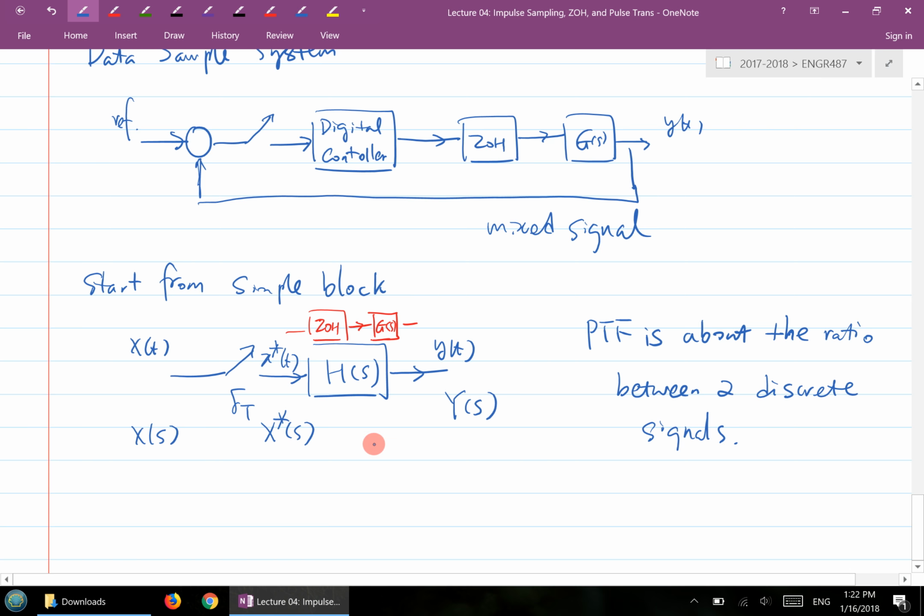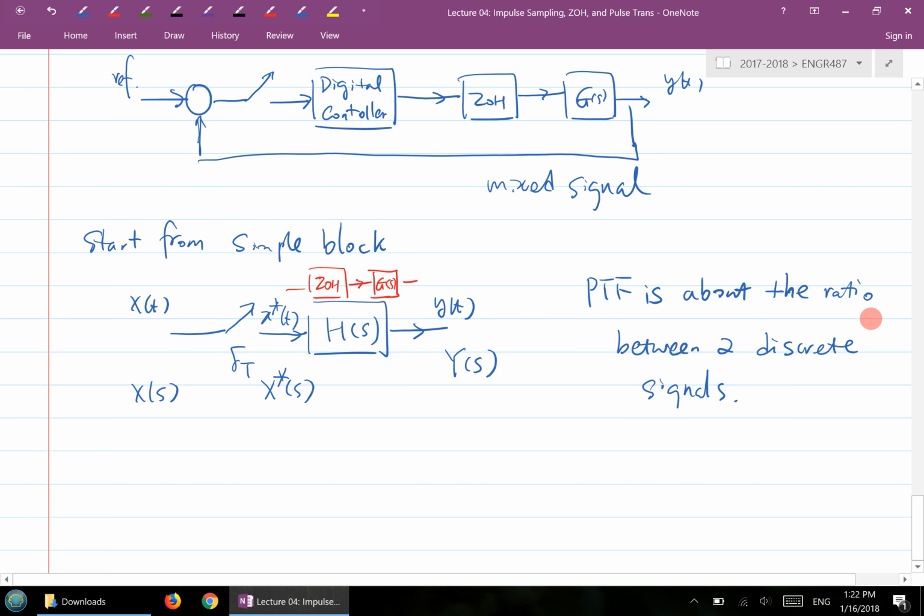Now if I look at this one here, this is exactly what I call a mix of signals. So if I want to derive a pulse transfer function, the signal here is a digital signal. Now here, there's no digital signal. The output is continuous here. But we can do this.